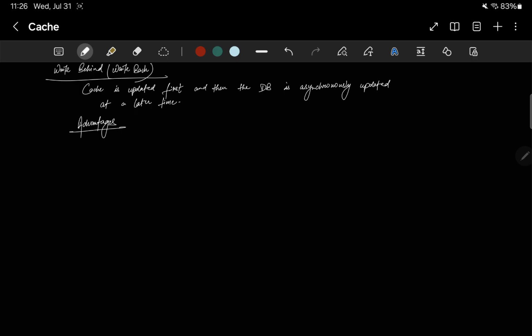So advantages include reduced write latency as write operations are acknowledged as soon as the cache is updated and we do not need to wait for database. And second one is can handle bursts of write activity more efficiently.